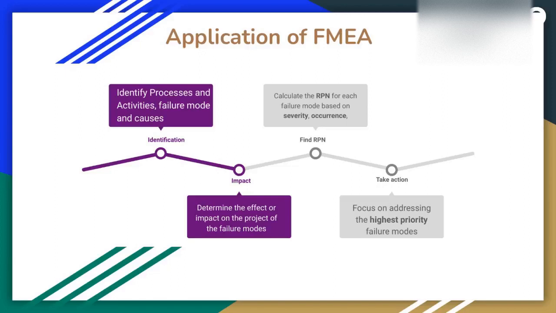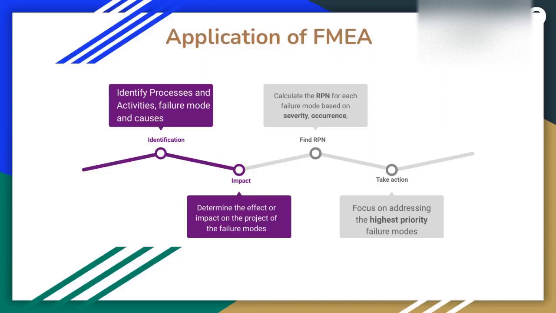So the third step is actually calculating the risk priority number, or RPN. How do you calculate the risk priority number? Well, the calculation of the risk priority number for each failure mode can be done by multiplying the severity of the failure mode, the occurrence of the failure mode, and the detection rating.